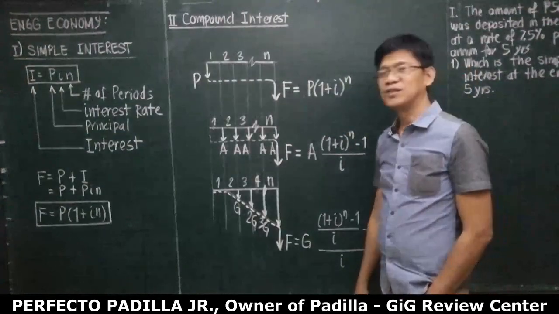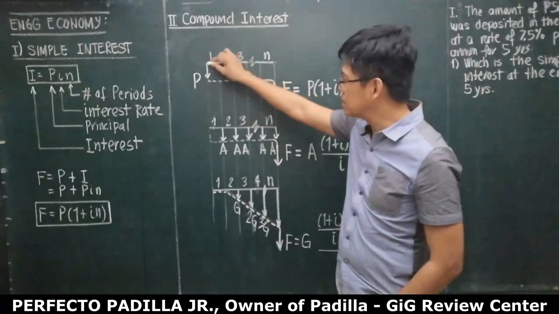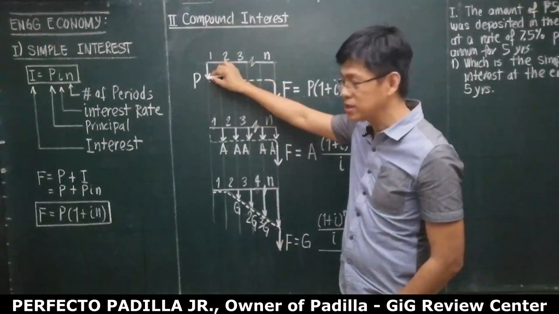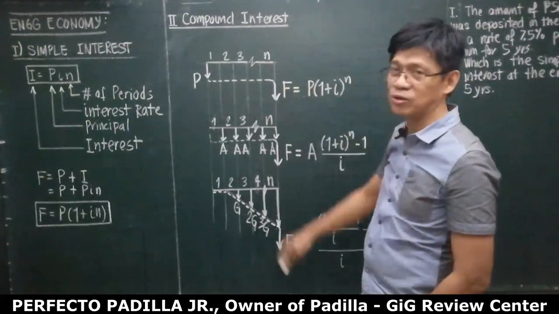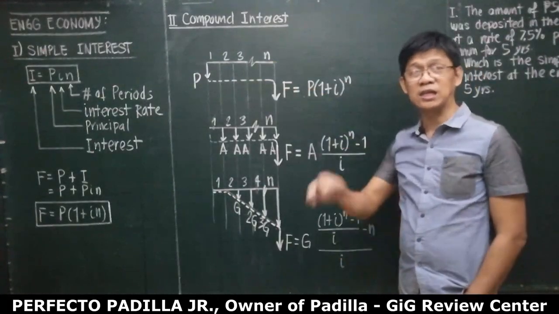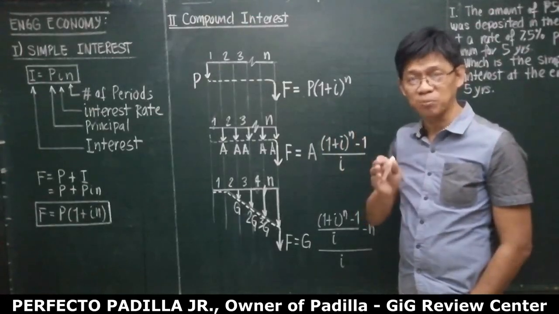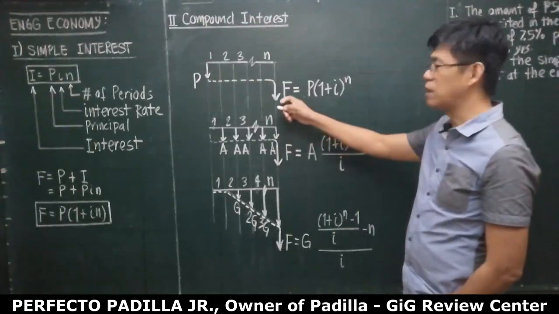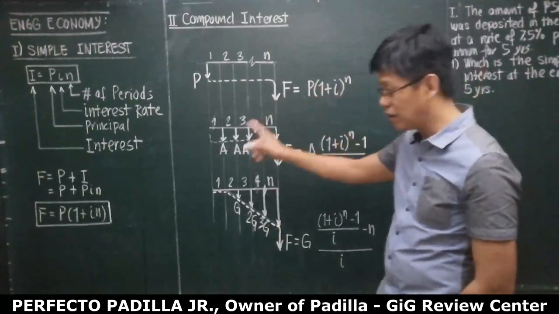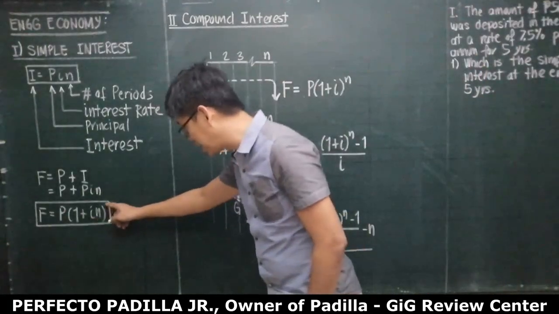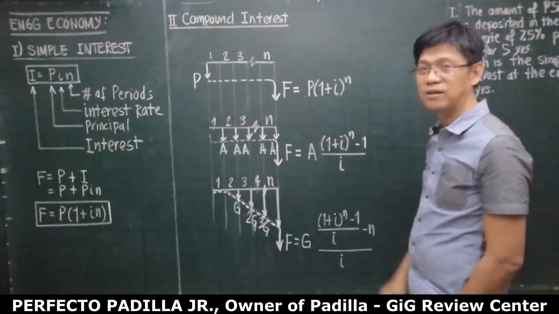So, kung meron kang principal amount P or present amount, pag dinala mo yan sa future after n periods, considering interest of interest, interest of principal, that would sum up to F is P(1 plus i) raised to n. Ulitin ko, pagmasdan nyo, eto iakyat mo lang doon, eto na yan.